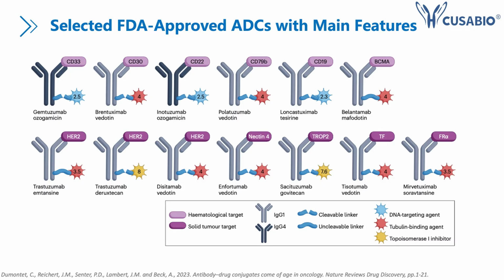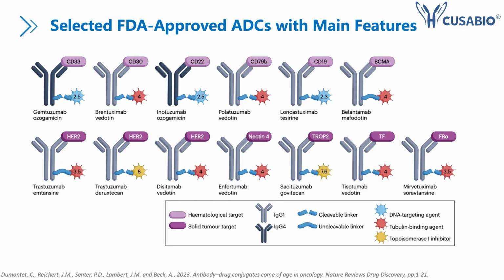So the first one is T-DXd. It comes from AstraZeneca and Daiichi Sankyo. This ADC at the very beginning was used for the treatment of HER2 positive breast cancer. And in recent years, the indication has been expanded to other solid tumors.